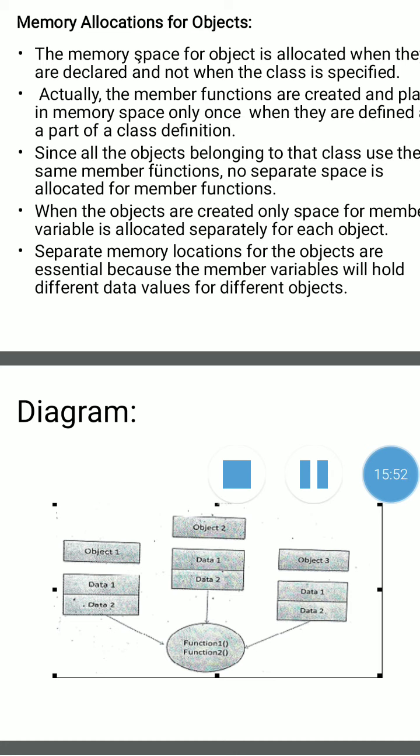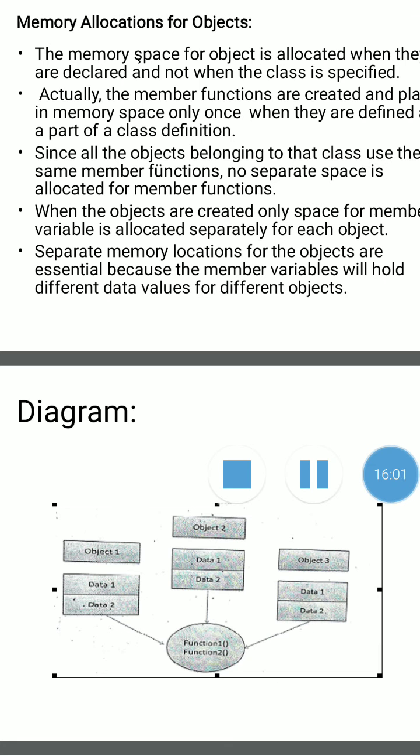Object 1 stores the roll number, name and marks of roll number 1, and so on. So obviously separate memory is required to store every student's roll number, name and marks. For objects 1 to 60, separate memory will be created for the data members.